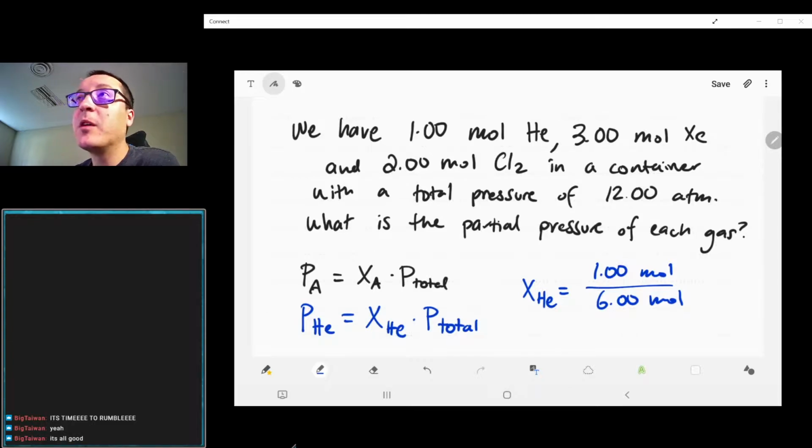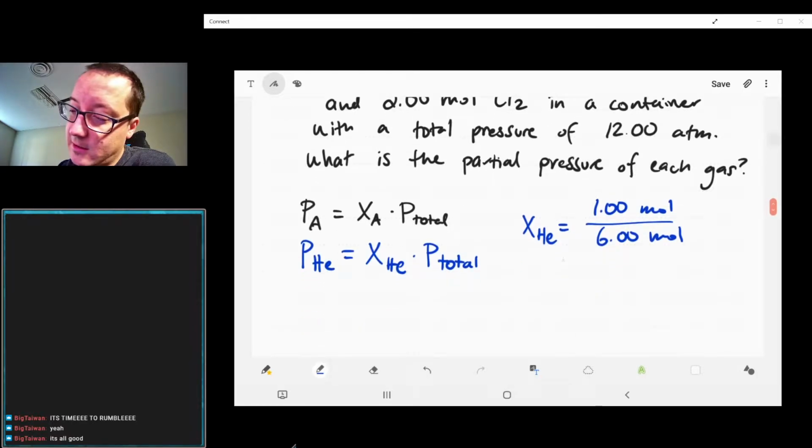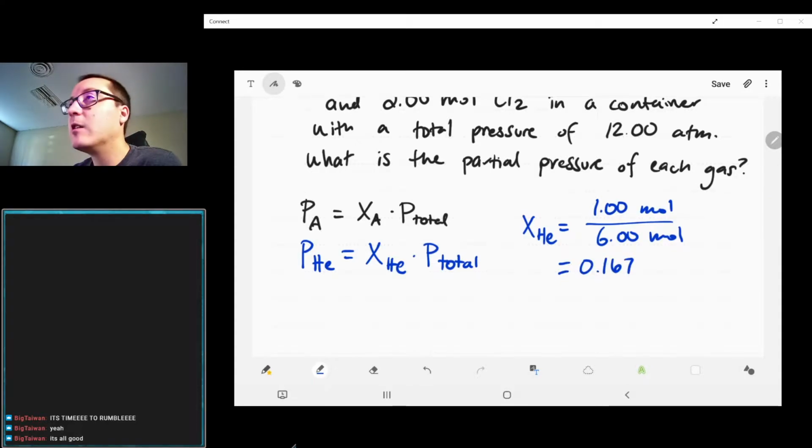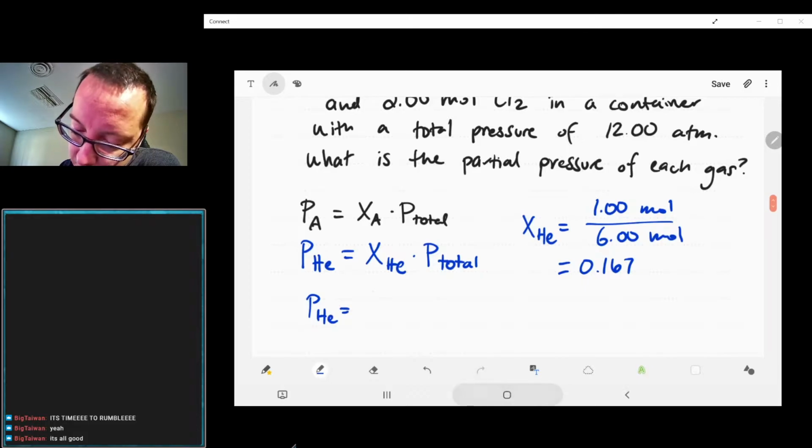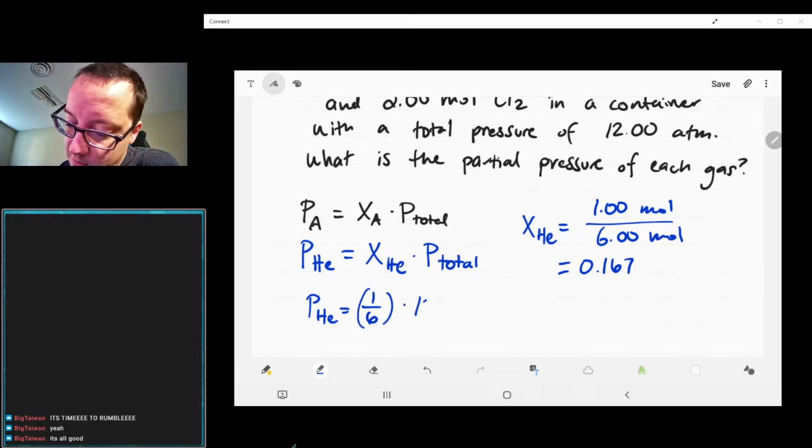If we add them up, we have 1, 3, and 2. Add those together, that's 6 moles. So the mole fraction will be, what, 0.16 or something? If you do the calculation, 1/6. And so the partial pressure of helium will be 1/6, or 0.167, times 12 atmospheres.